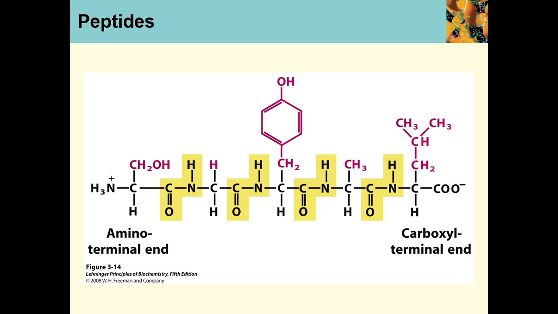So let's assume that you have a polypeptide consisting of several amino acids. In this figure, in this slide, you will see how many amino acids are linked together. You just count, or you just note the number of your side chains. So we have one, two, three, four, and then five.